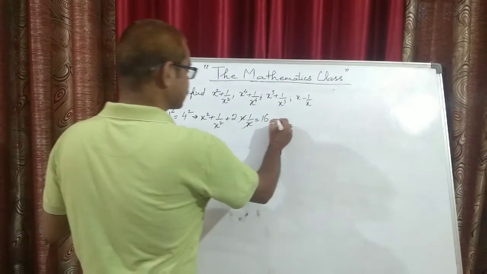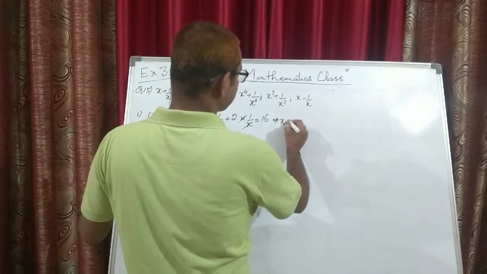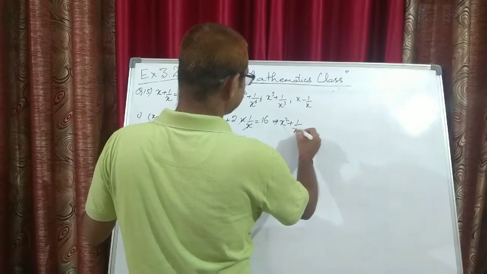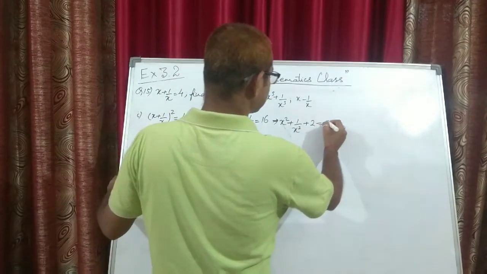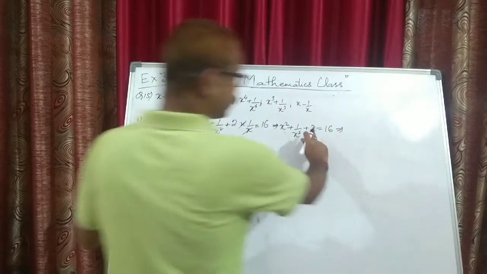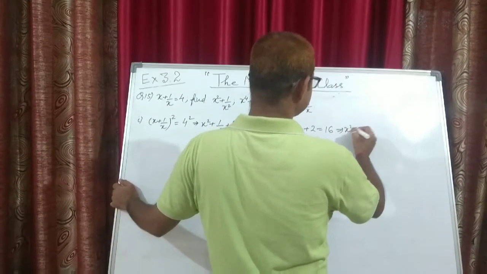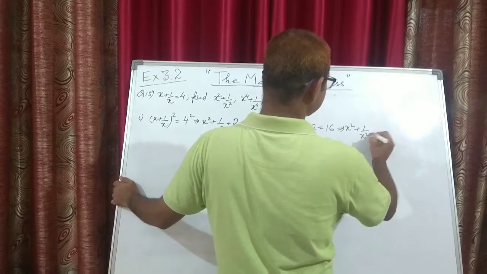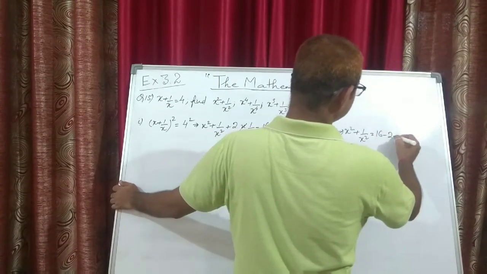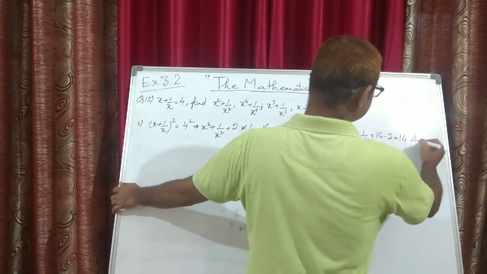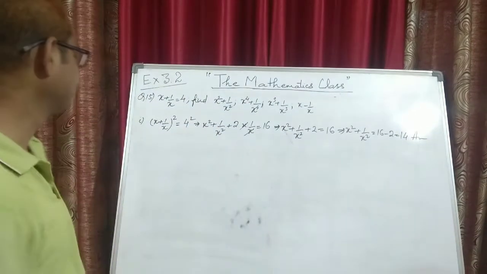So you got x square plus 1 upon x square plus 2 is equal to 16, which implies that this 2 will go to the other side, it will become minus. So x square plus 1 upon x square is equal to 16 minus 2, that is 14. This is the value for the first part.